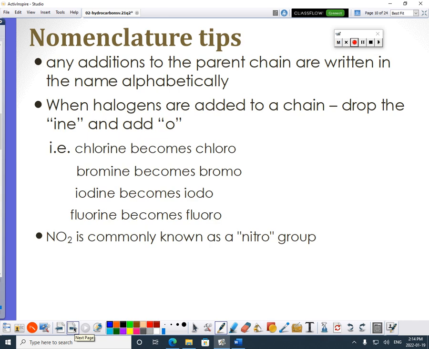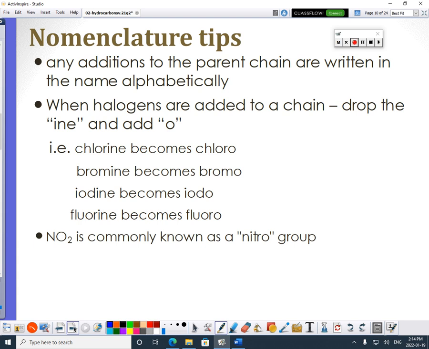Okay, so some other things that we can add to the parent chain, and like I said yesterday, we can add halogens, and yes, halogens are generally polar, but they don't really have a big influence on the parent chain, so we don't give them their own family. We just sort of call them additions to the parent chain.